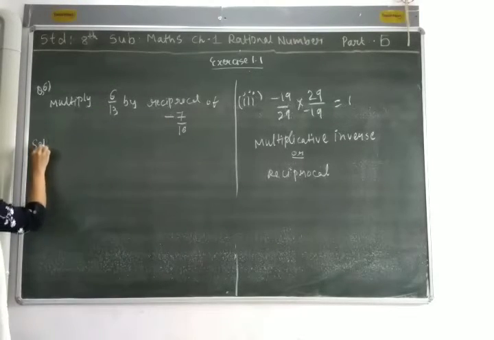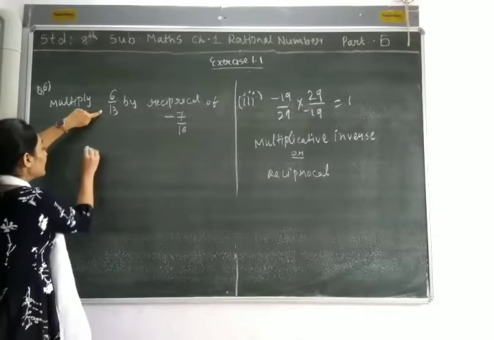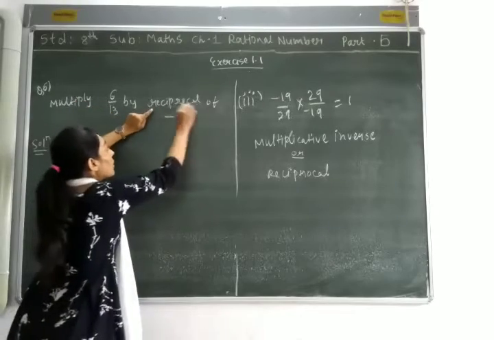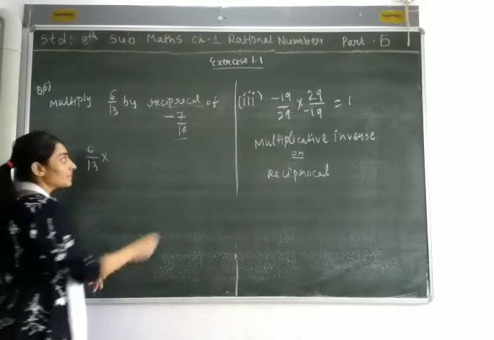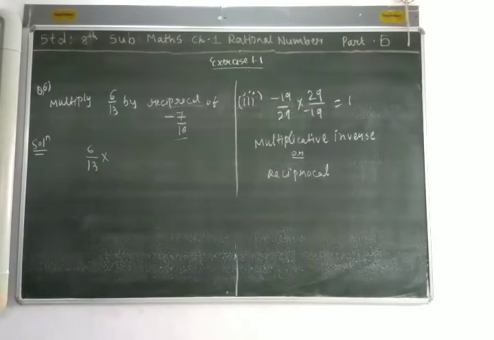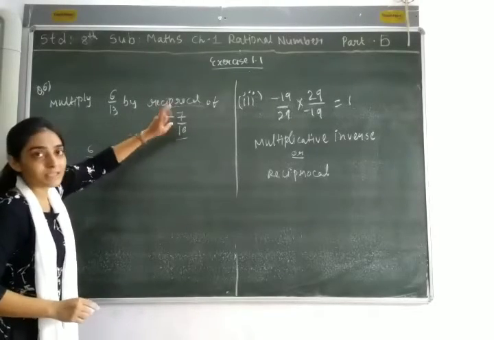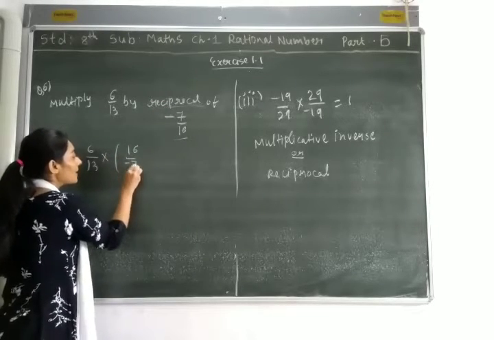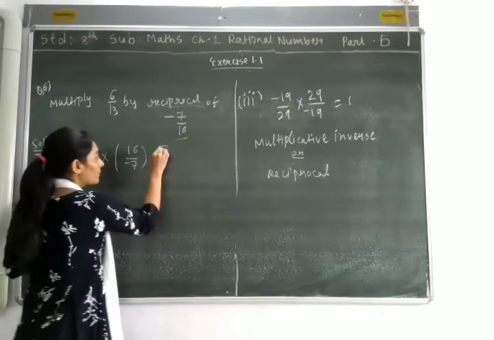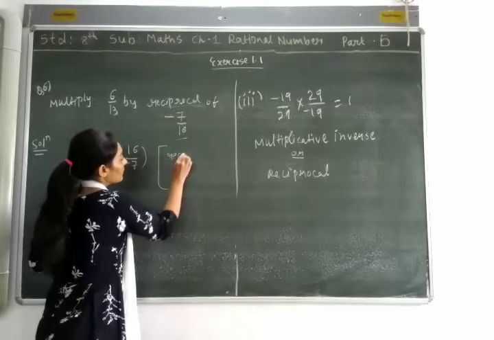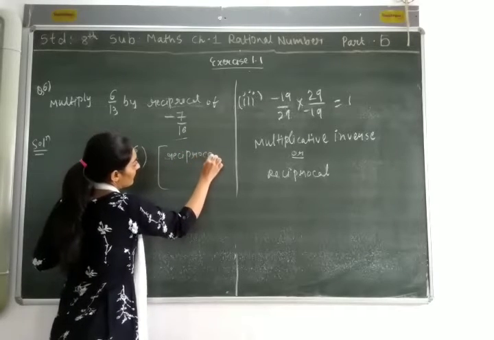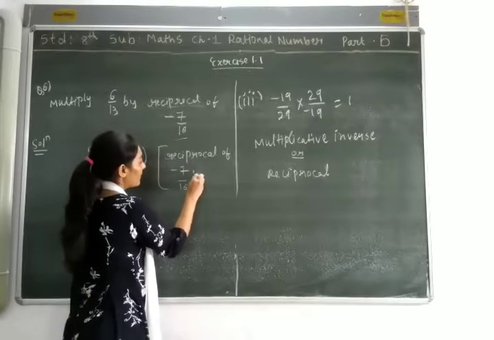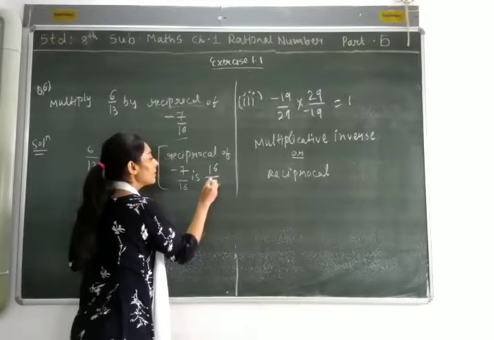So the solution: multiply 6 upon 13 by whom? The reciprocal of this one. The reciprocal is nothing but interchanging its places. So the reciprocal of that one is 16 upon minus 7. Yes, so we know that. The reciprocal of minus 7 upon 16 is 16 upon minus 7.